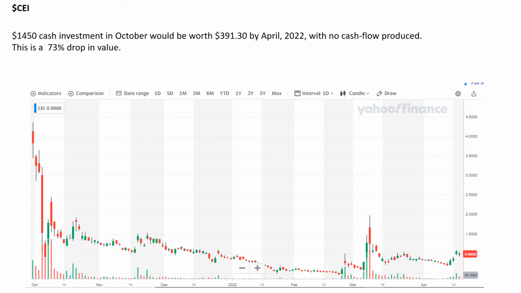Like we say, capital can go up or it can go down. But this is where options can be of value to you in generating cash flow and helping to make that drop in the value of the asset easier to swallow.